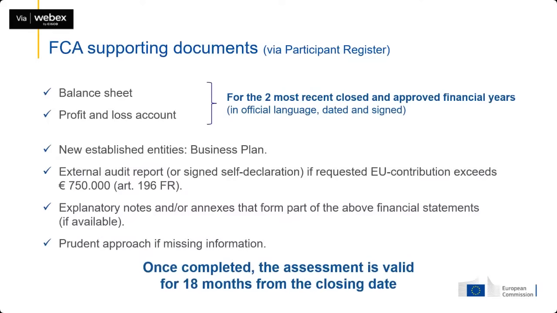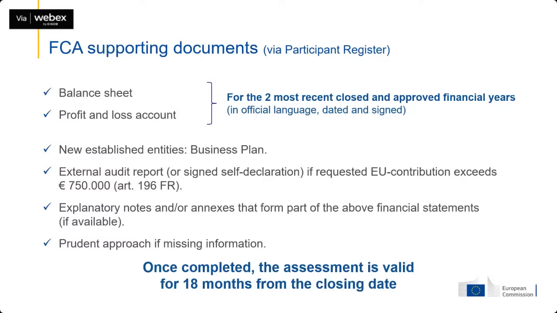These are balance sheet and profit and loss account for the 2 most recent closed and approved financial years. These documents must be in the official language, because we assess the documents always in the official language, and must be dated and signed by the legal representative. If the financial statements have been drafted in a non-EU language, you have to provide also one informal translation into English.